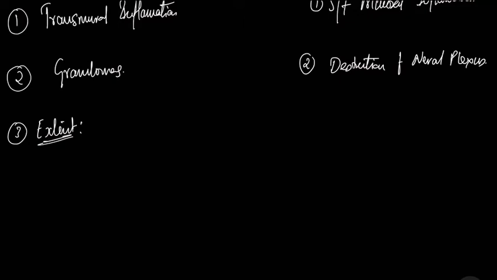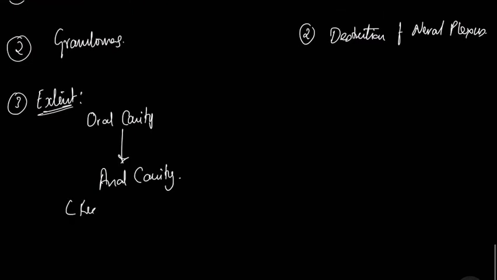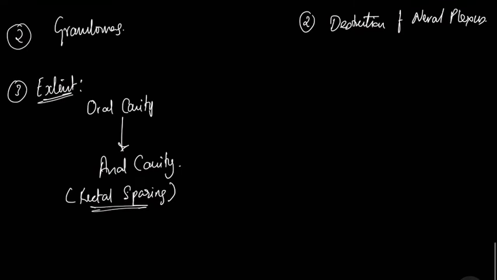Now the third, let's study the extent of Crohn's. Crohn's disease extends from the oral cavity to the anal cavity, with rectal sparing. That means the rectum is spared in Crohn's.